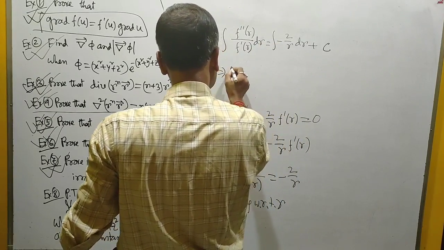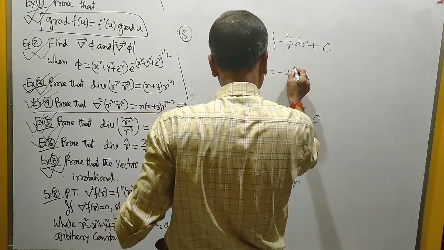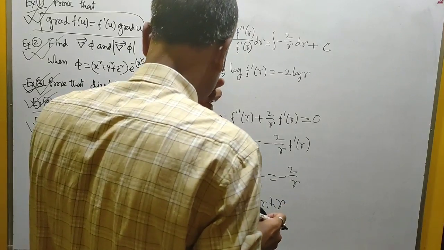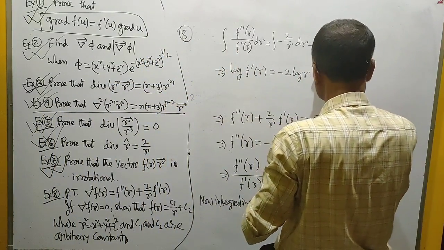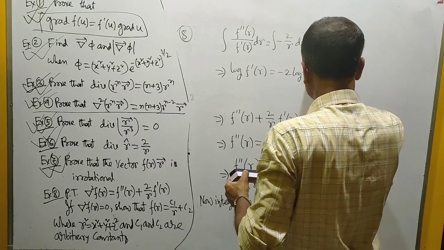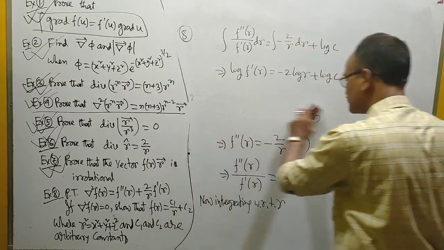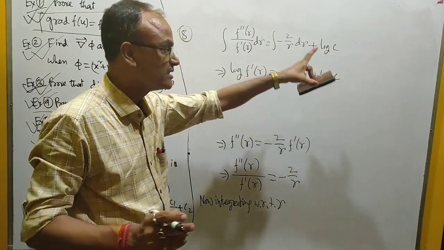This means log of f dash r equals minus 2 log r plus log C, where log C is the constant of integration.